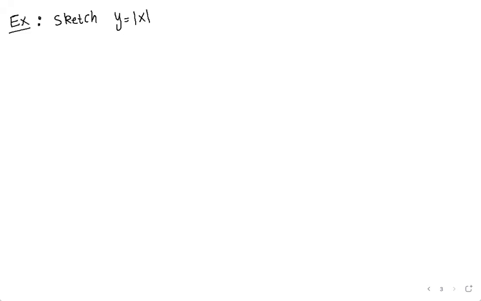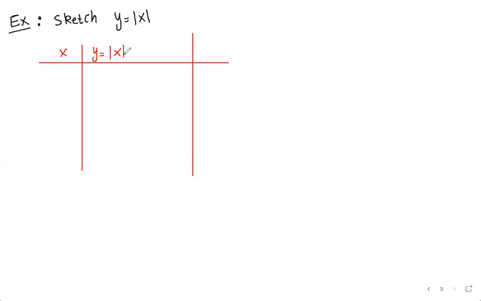So let's take random points. So again, x and y and the points. So here x is, y equals the absolute value of x, and here's the point x comma y.